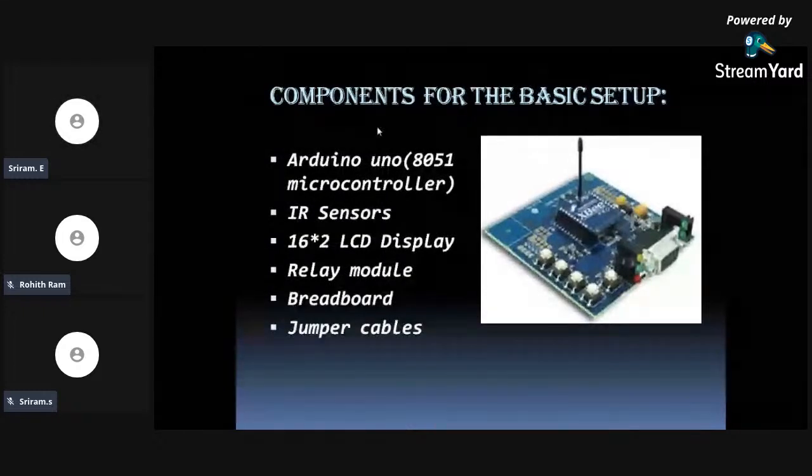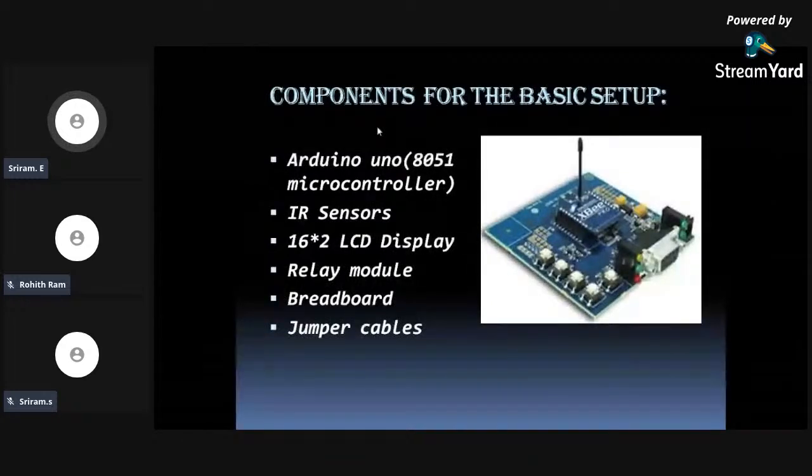So, the picture which you see in the right side is the microcontroller which is attached with all the sensors and other things. The required components are an Arduino Uno 8051 microcontroller, IR sensors. You need a pair of IR sensors, a 16 into 2 LCD display, a relay module, a breadboard, and jumper cables.